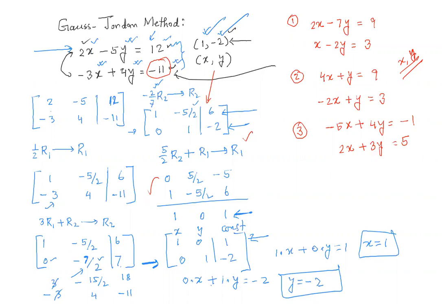Okay, let me just double check. Okay, so this is just a little change. Make this -3. So -2x plus y is -3. Okay. All right, then. Okay. 1, 2, 3, 4, 5.